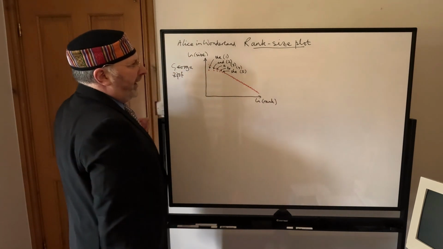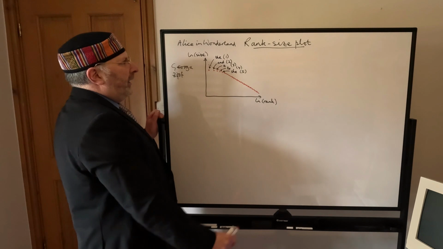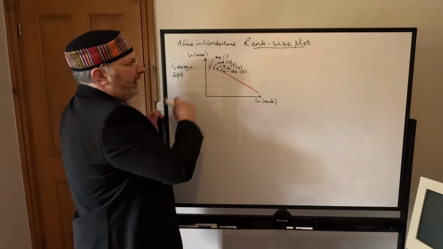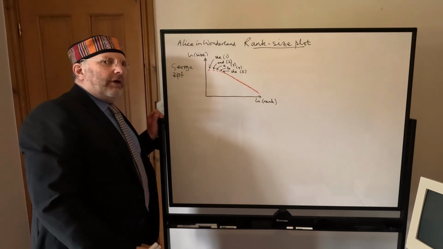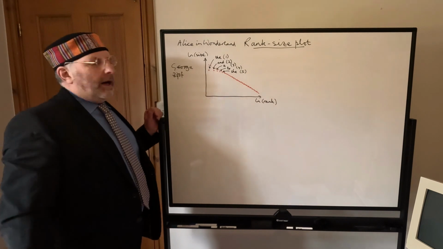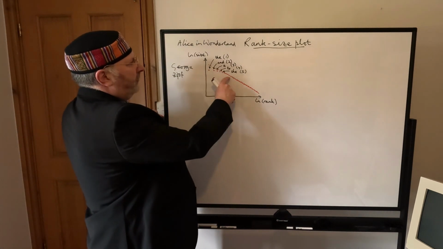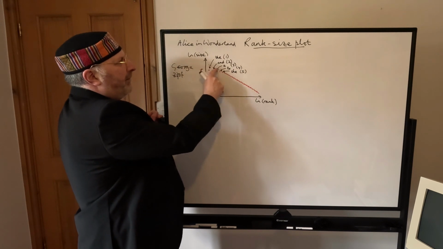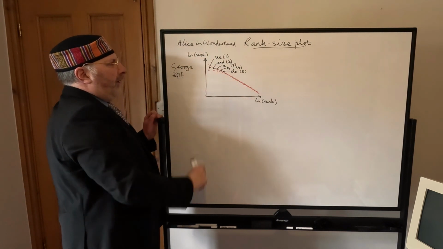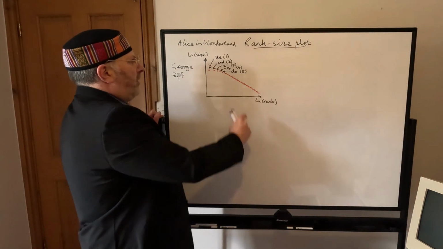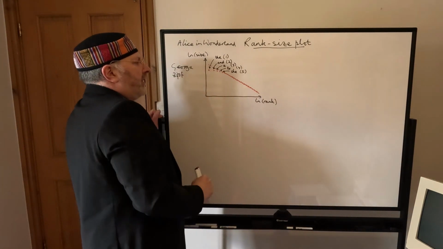And we do it on a double logarithmic plot. And we typically find a straight line. And this is a sign of it being a power law. Now, as I've shown with this particular data, it deviates from the power law at the top here. So often we do see that.